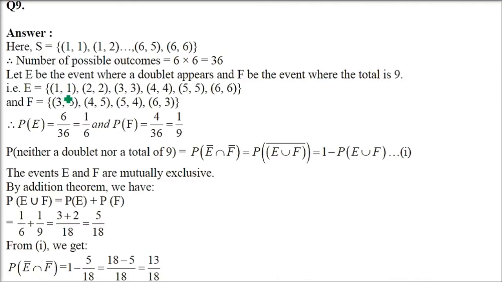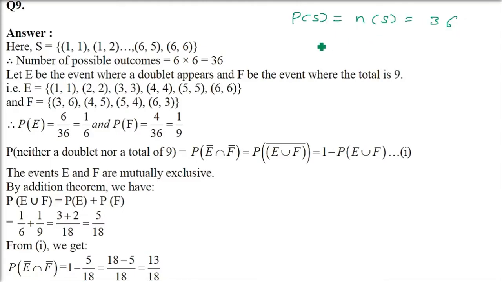Now next is, in a single throw of 2 dice, find the probability that neither a doublet nor a total of 9 will appear. This we can do directly, and we have already done this in the previous discussion. But now we are going to do it using the addition theorem.